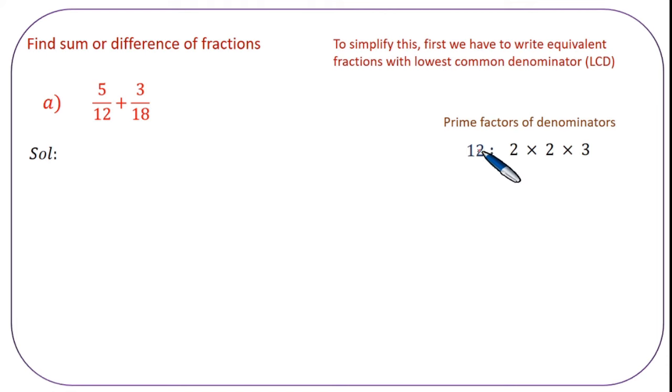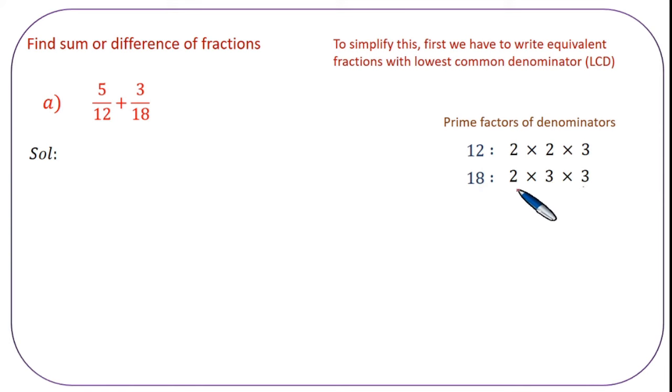So these are the prime factors of 12. Similarly, find the prime factors of 18. The prime factors of 18 are 2 times 3 times 3. 2 multiply 3 is 6, 6 multiply 3 is 18. So these are the prime factors of 18.